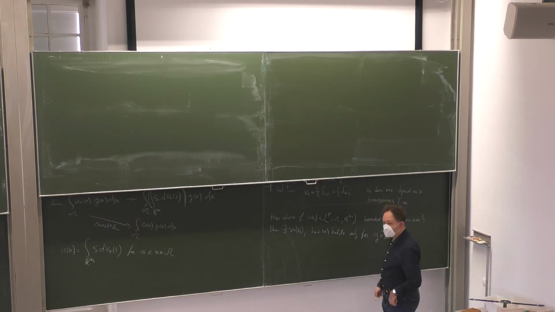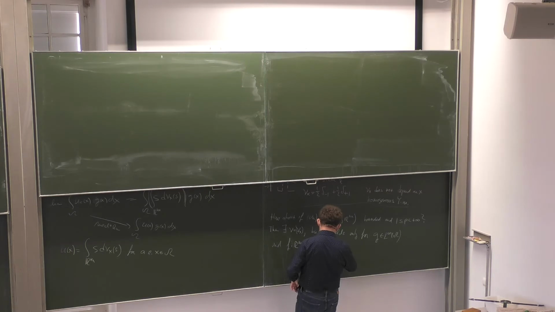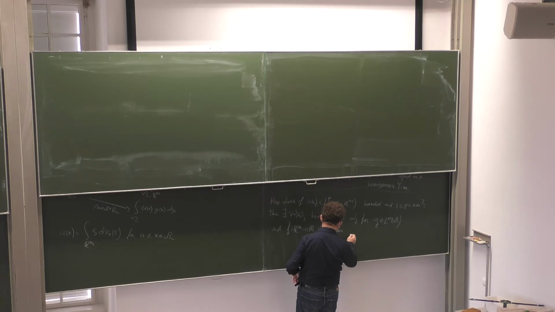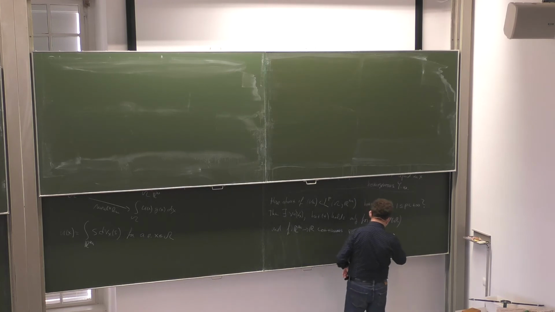So we go from L1 to L infinity to a smaller space, and f, which is from R^m to R continuous, such that the limit for the argument going to infinity of f(s) divided by s to the power p equals 0.